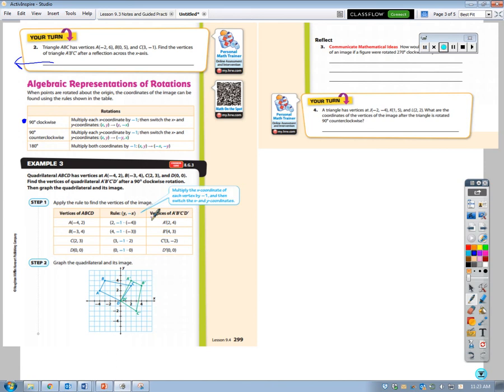And then they've got the vertices of the image set up here. So the first thing they did is they switched their x and y, and they multiplied that by -1. So then their new coordinate was 2 and 4. In B, they've got their original coordinates. They swapped x and y and multiplied x by -1.